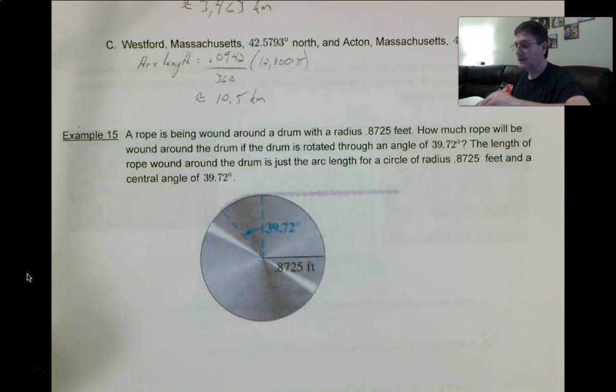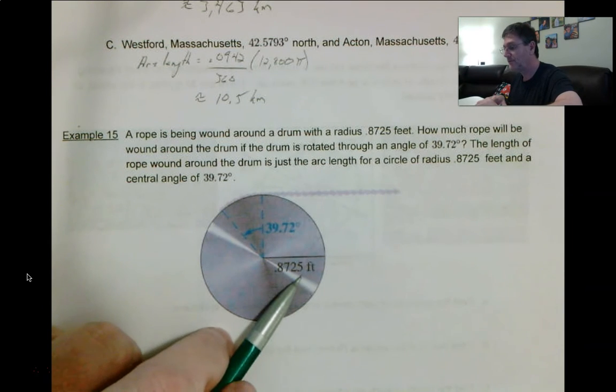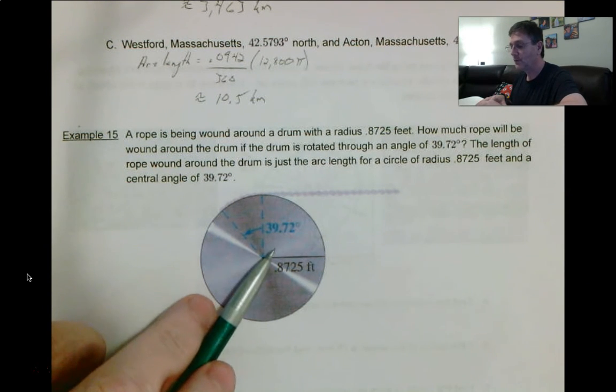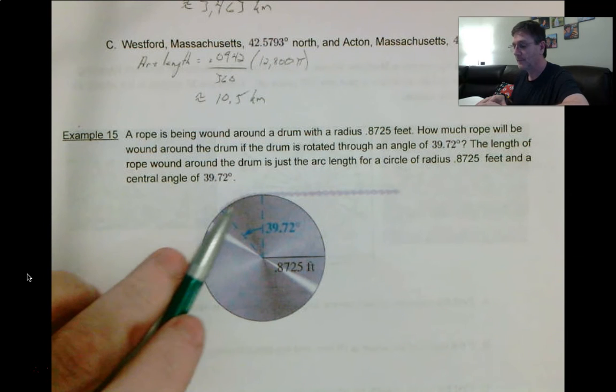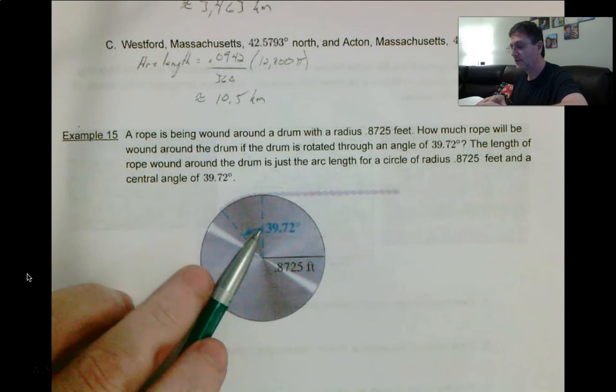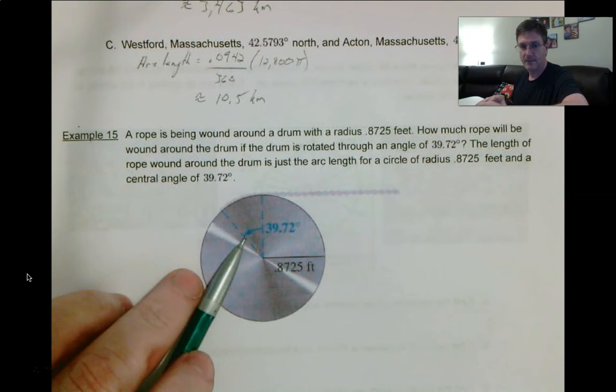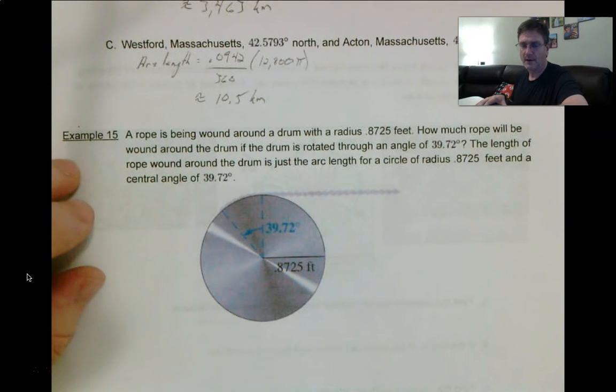Example 15. A rope is being wound around a drum with a radius of 0.8725 feet. How much rope will be wound around the drum when it's gone 39.72 degrees? You might be thinking, why do we care about something like this?